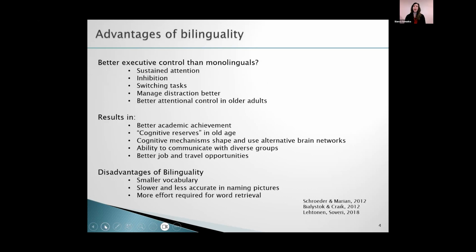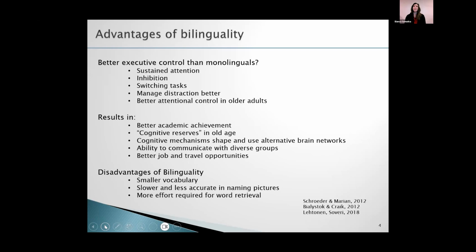So when we look into the bilingual literature, we do see that there are some potential cognitive benefits to being bilingual. Some of those benefits come in executive control, suggesting that bilinguals may do a better job sustaining attention, inhibiting irrelevant information, and switching between tasks. There's some evidence that bilinguals may manage distraction better and have better attentional control. These advantages may result in other things like better academic achievement.